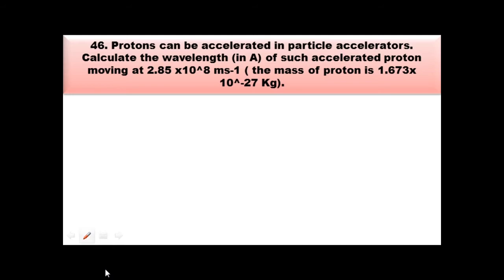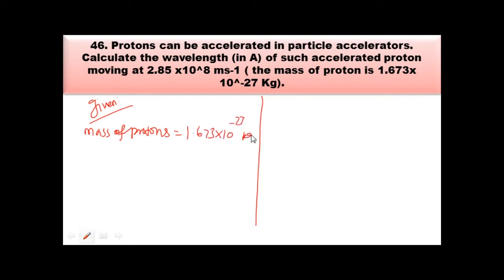The mass of the proton is given as 1.673 multiplied with 10 power minus 27 kilogram. So what are the givens? The mass of proton, 1.673 into 10 power minus 27 kg.